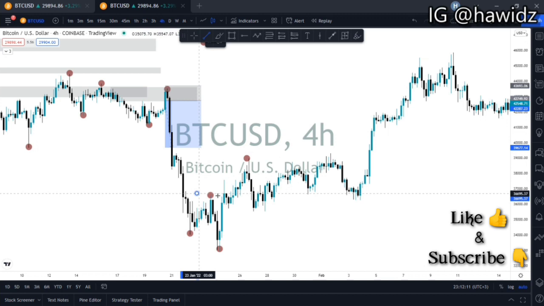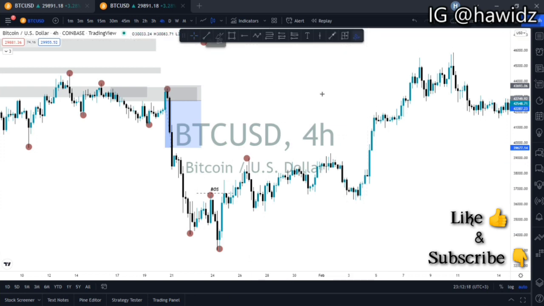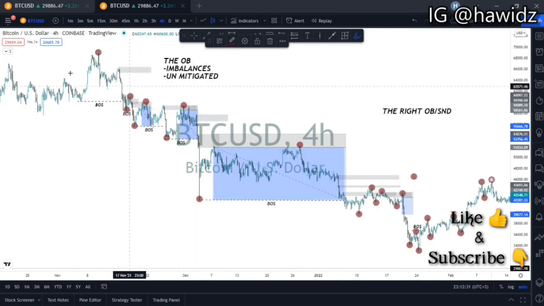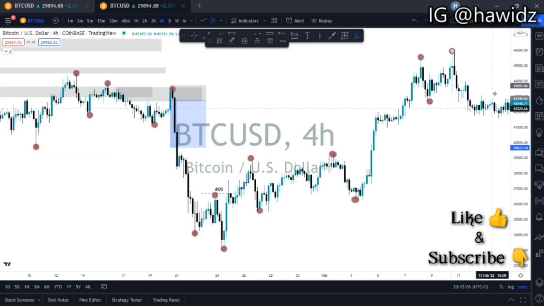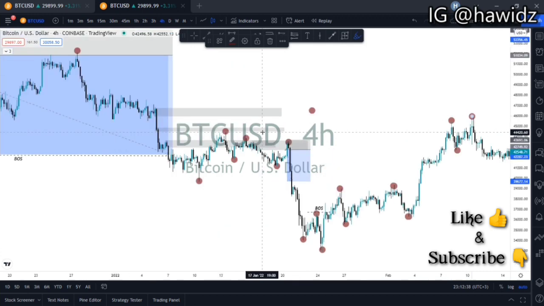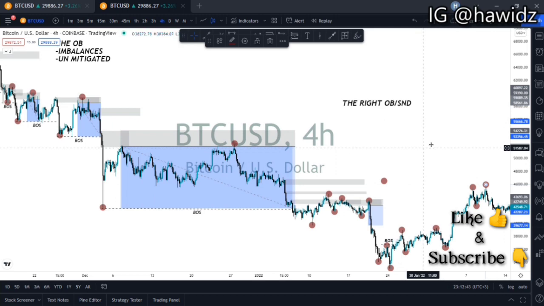Price has broken this structural point right here, meaning that higher highs and higher lows are now being put into place. And when this happens, it means that the direction of price has changed, and the same rules that we applied here, if you apply them in this area as well, you will end up having the same thing on this side of the market too.